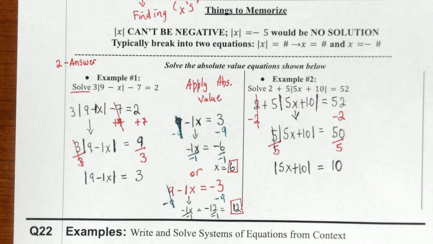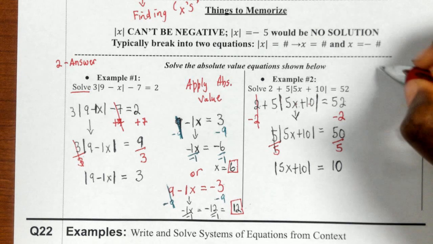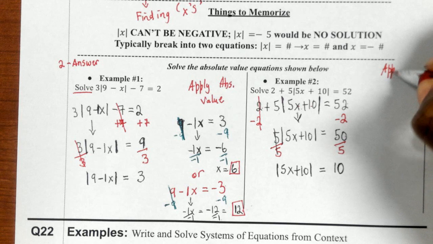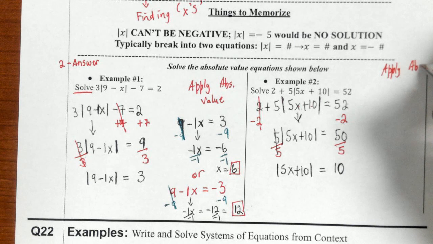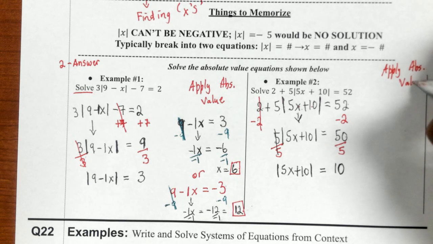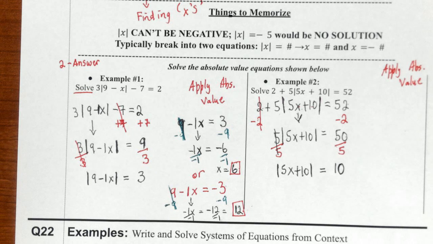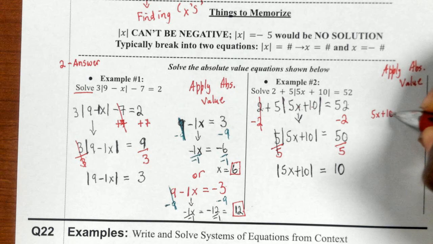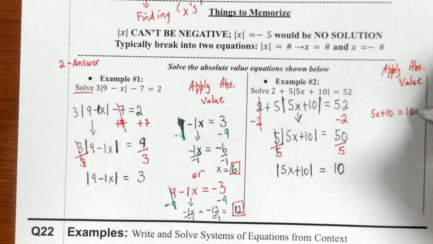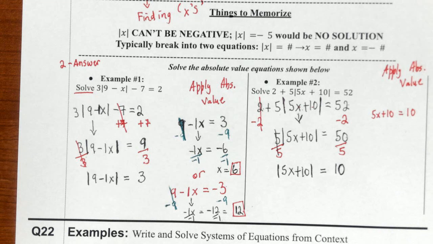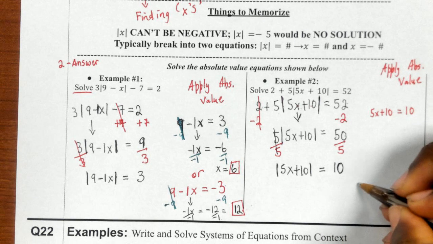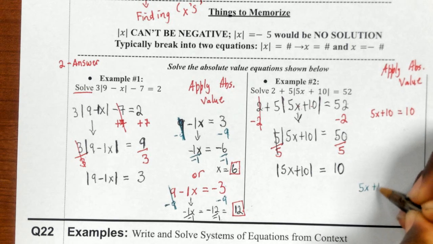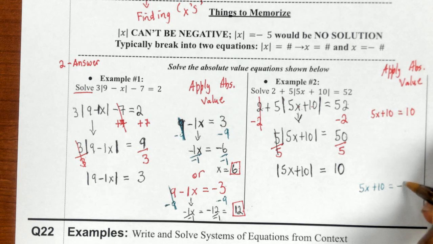Now that I have the absolute value all by itself, I'm going to apply it. So when I apply that absolute value, I'm stating that 5x plus 10 could be equal to a positive 10. What else am I stating? I'm also stating that 5x plus 10 could be a negative 10.